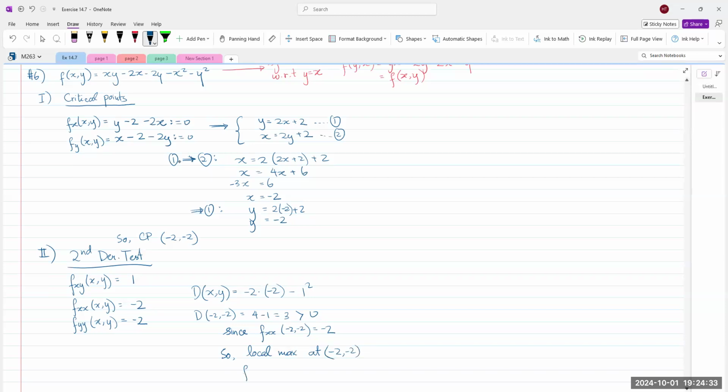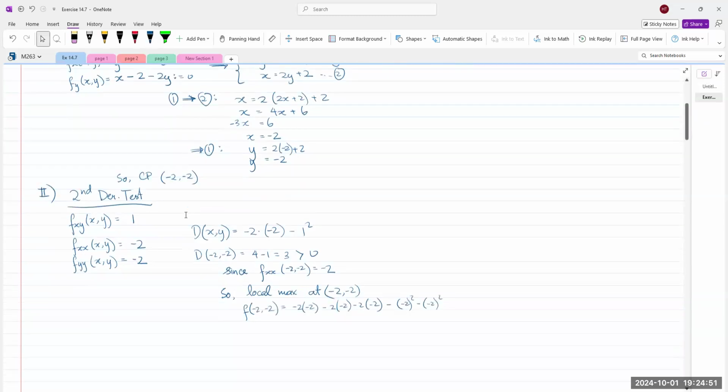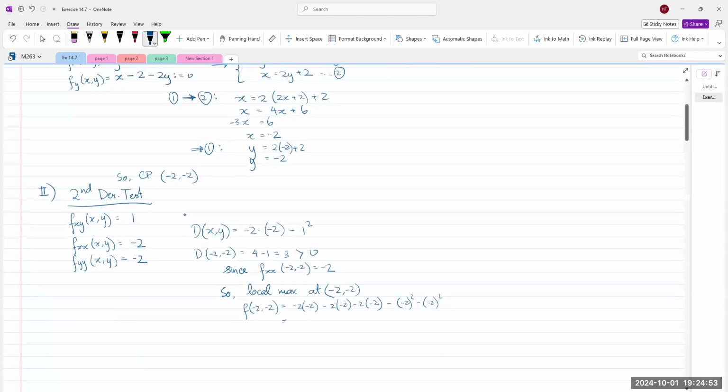And the local maximum is f(-2, -2), which is, what's that? That's -2 times -2 minus 2 times -2 minus 2 times -2 minus (-2) squared minus (-2) squared. Oh, that's a lot of -2's put together. This is 4 plus 4 plus 4 minus 4 minus 4, that equals 4. Okay, so that's the local maximum.